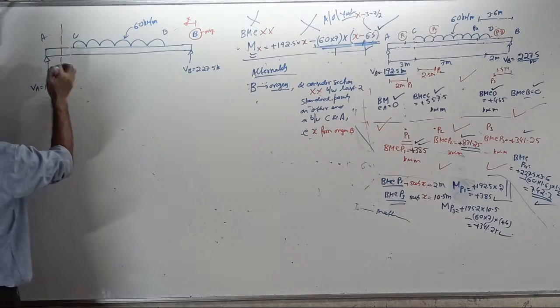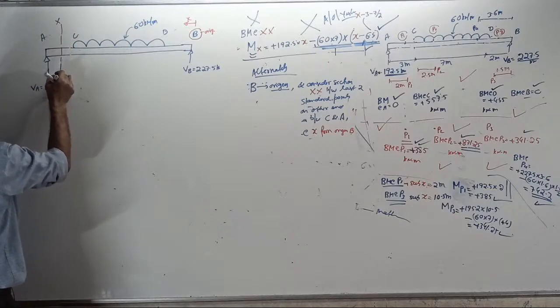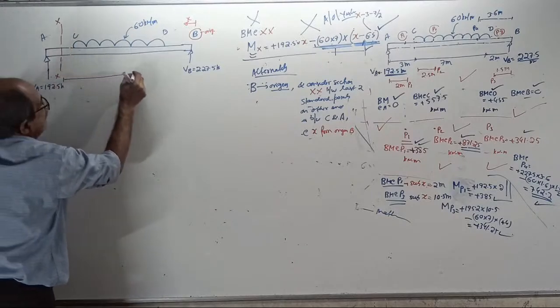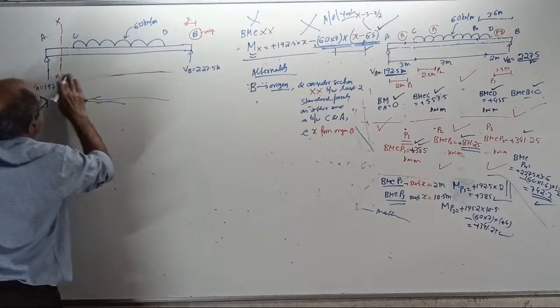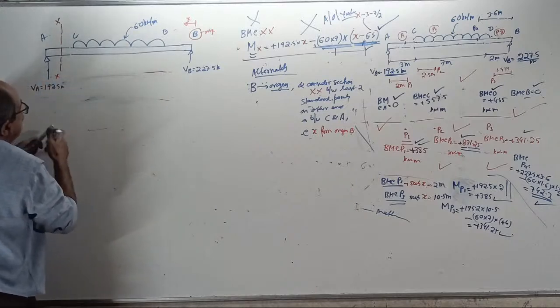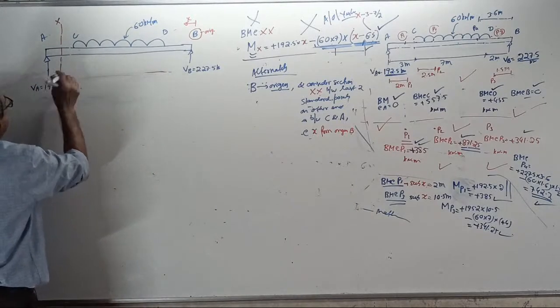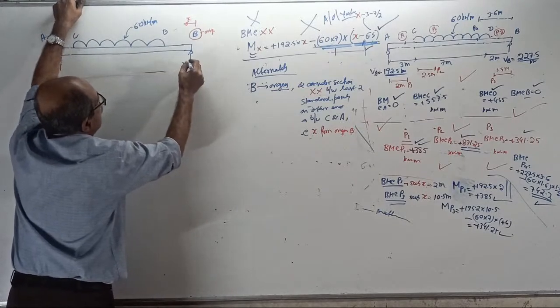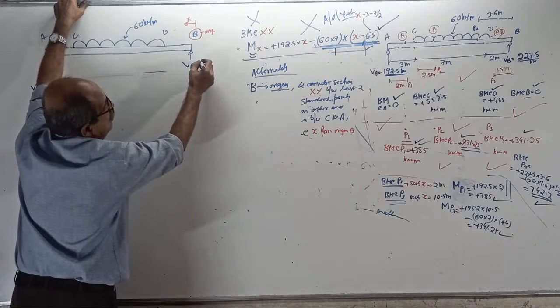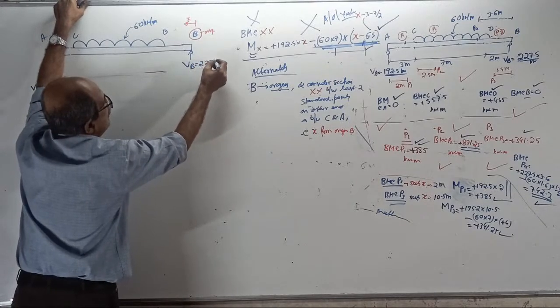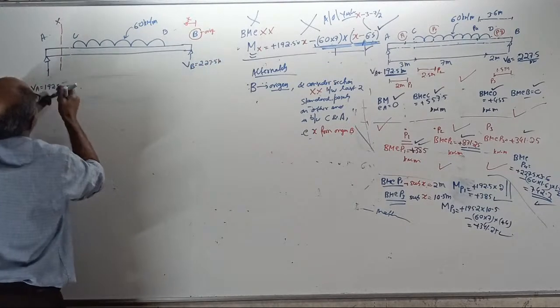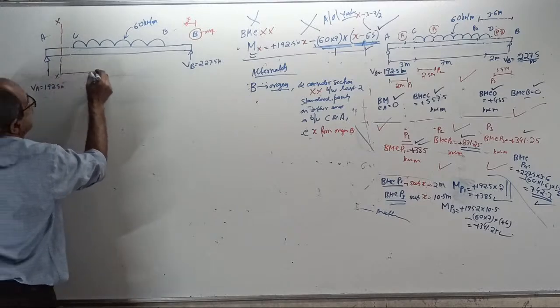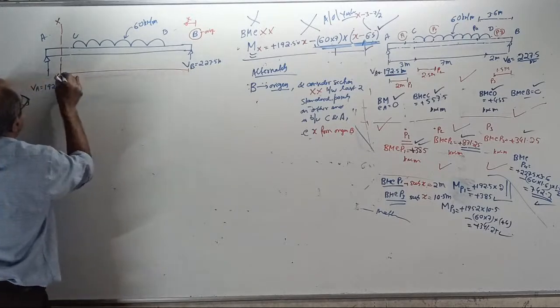Now section XX here at X from here. Okay, XX. VB, go up. VB equal to 227.5 kilonewton. Section XX at X from B. This is your X.